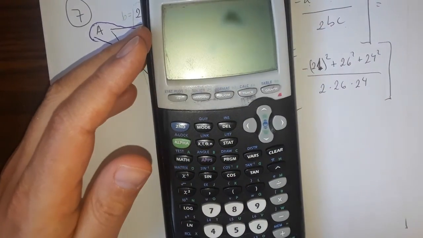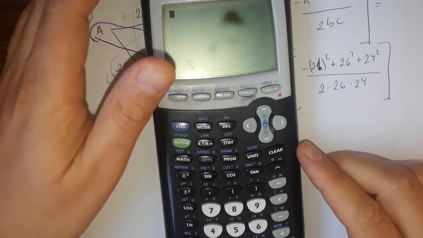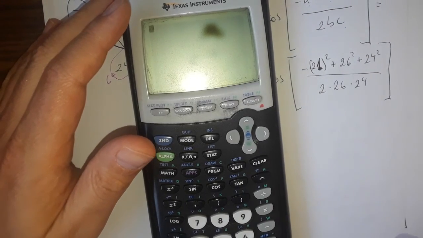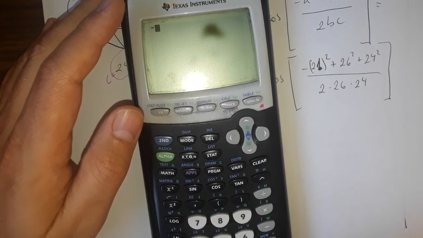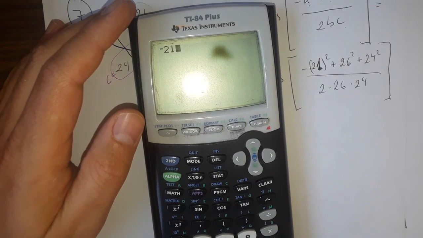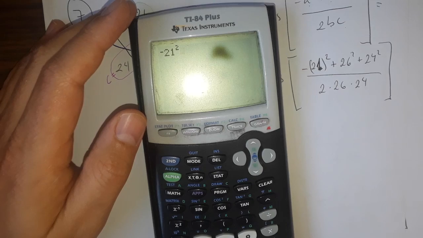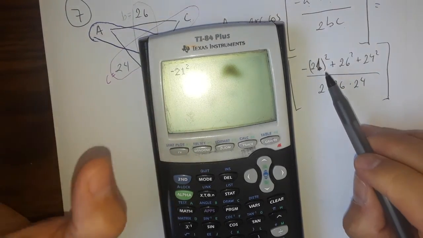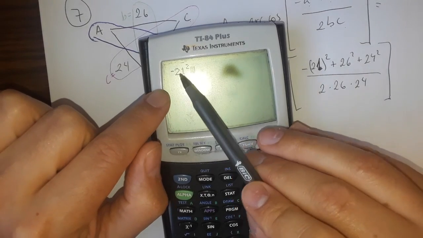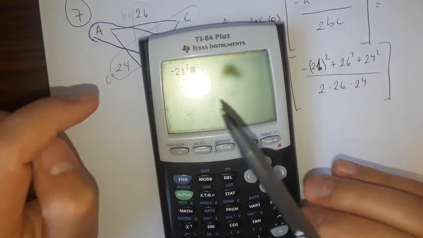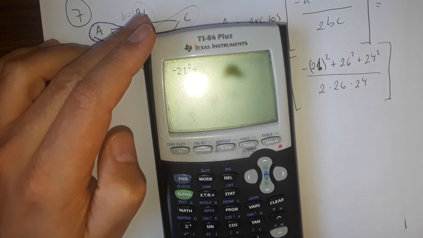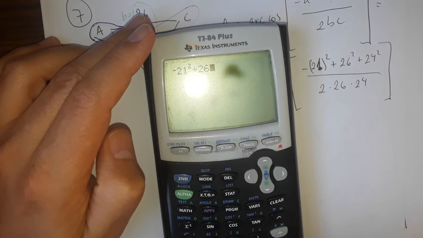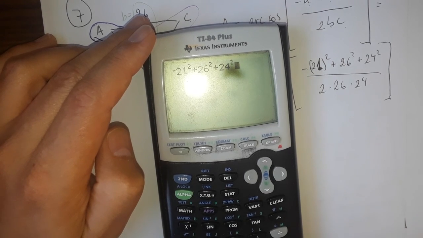Okay, so now calculator work. Negative 21 squared. This is the same as this. The way I write it is the same, so that's fine. As long as you don't put parentheses in here, including the negative, that's correct. Plus 26 squared plus 24 squared.